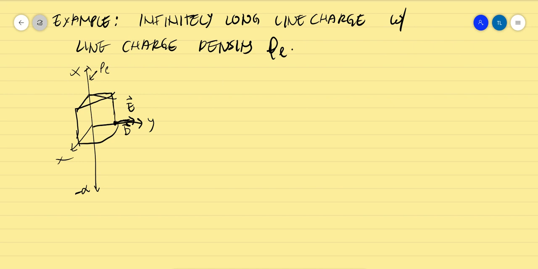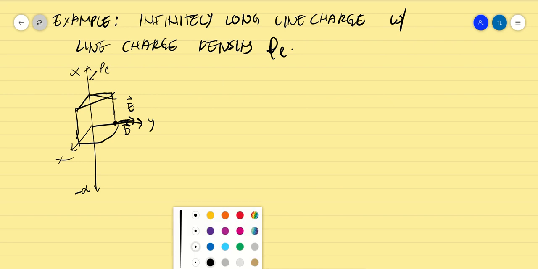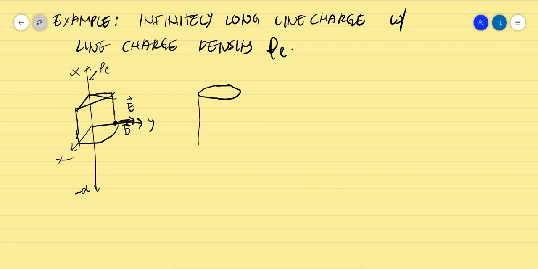So using a cylinder surface, let's try to draw this one here. If we have a cylinder here, we choose this one as our Gaussian surface, and let's say that this has a length L, and the radius here will be the distance here, which is equal to rho.